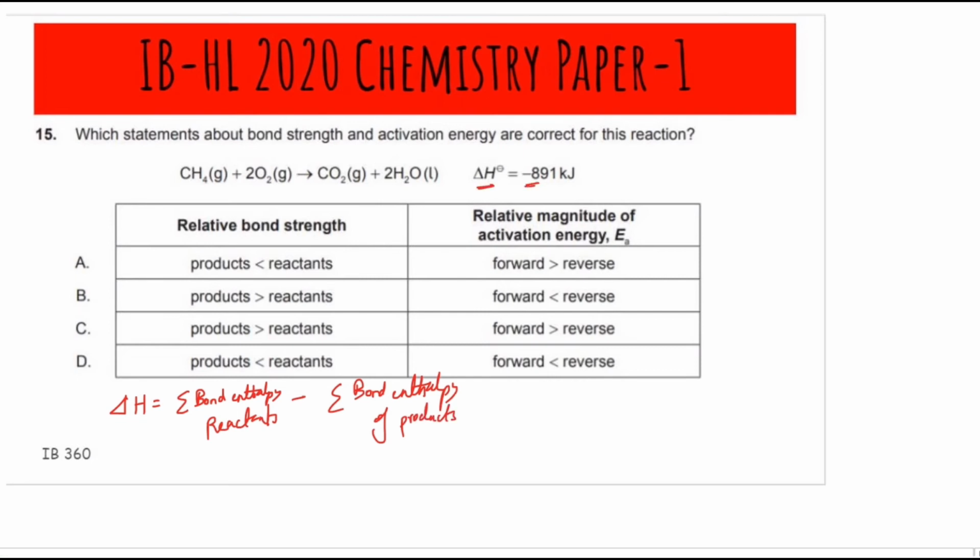Obviously, as delta H is negative, the negative part is greater than the positive part. So the relative bond strength of products is greater than that of reactants. So either option B or option C can be correct.